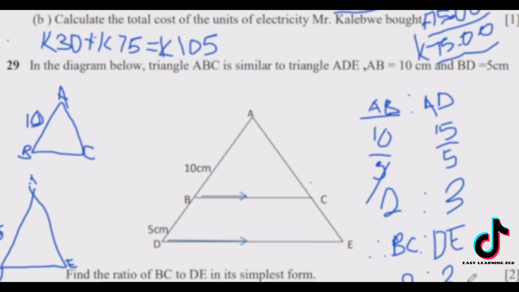So the ratio of this length and this length is the same as the ratio of this length and this length. I hope you have understood.